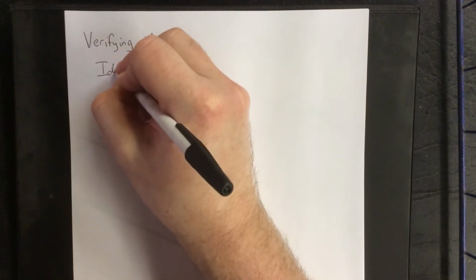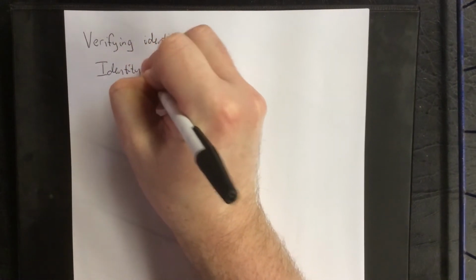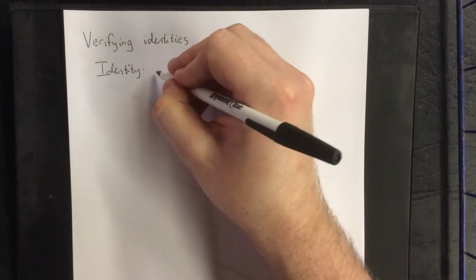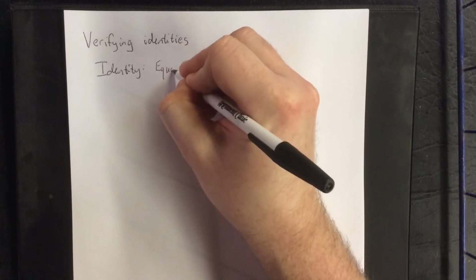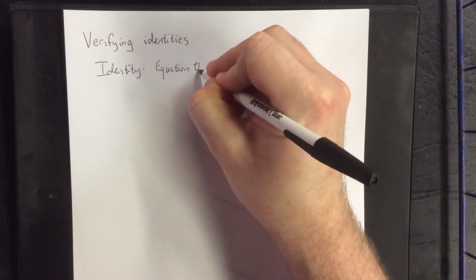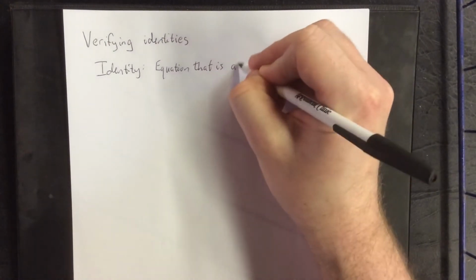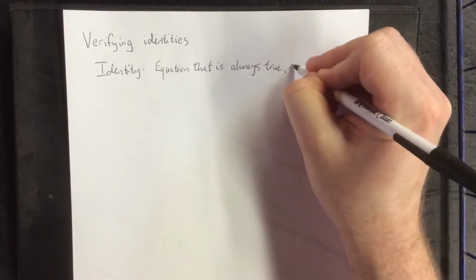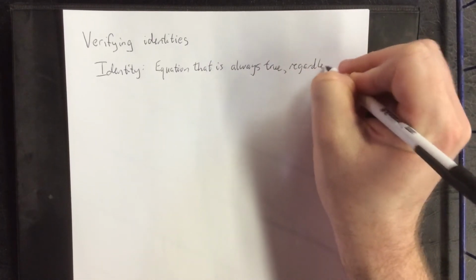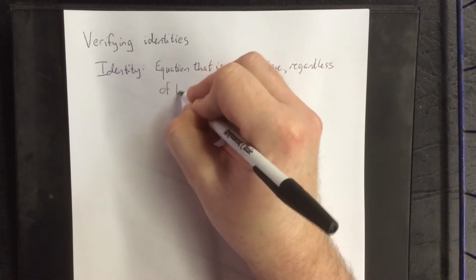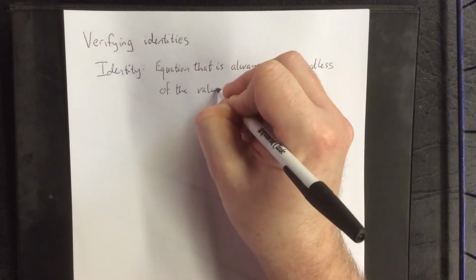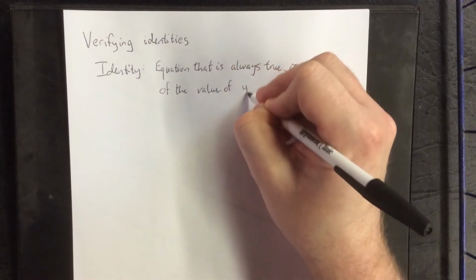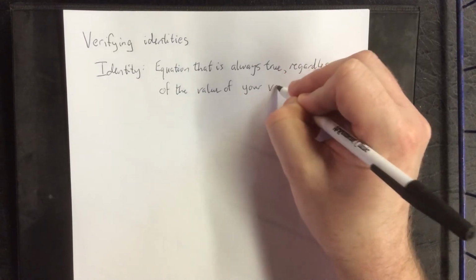In this video, we're going to introduce the concept of verifying an identity. As a quick reminder of what an identity is, an identity is an equation that is always true, regardless of the value of your variable or variables.